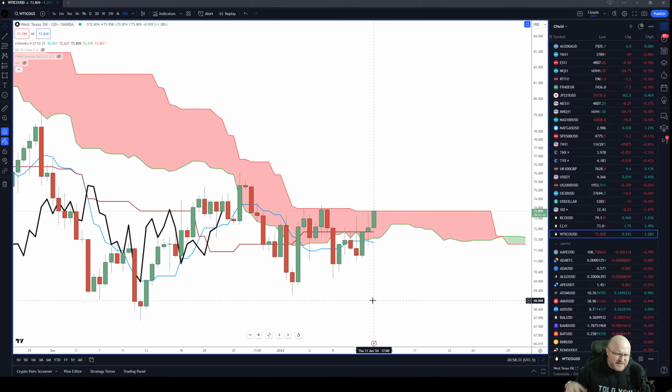If price is below the cloud, it's generally interpreted as a bearish market. So that instrument is bearish, and you don't want to go long. You really only want to look at short setups. Whereas if price is above the cloud, it's inherently bullish, and you only want to take long setups.